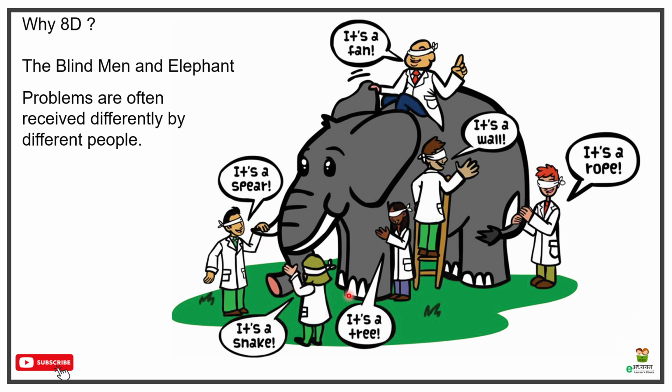So they try to touch different parts of the elephant, and then they try to identify it as per their thinking. But a problem is often perceived differently by different people. Different people think in different ways, and if they can't see it properly, they think differently.